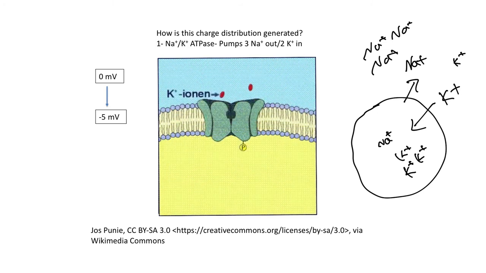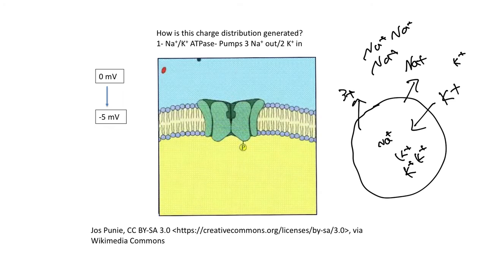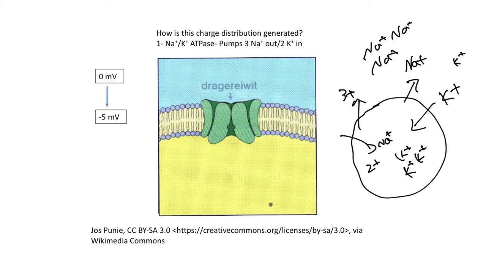Now, why does it give the inside of the membrane a negative charge? Well, because if you put 3 positive ions out of the cell and then bring 2 positive in, then you're going to have a deficit of positive charges inside the cell.